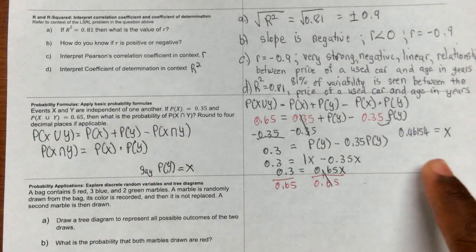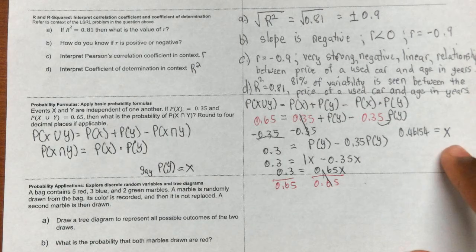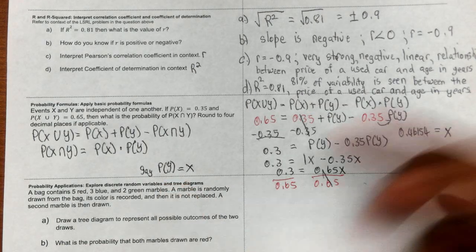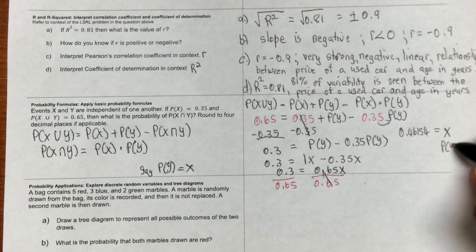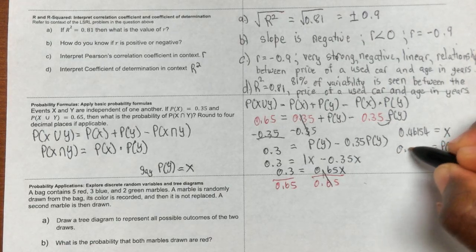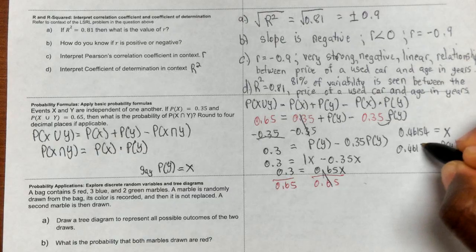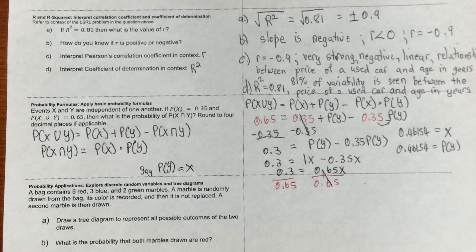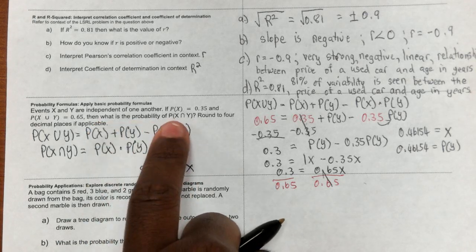So now, guys, I'm going to substitute this value back for P of y. So the probability of y is 0.46154.